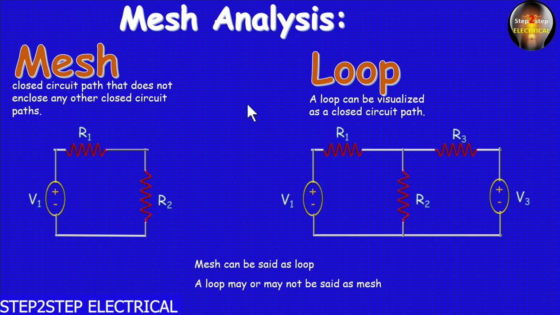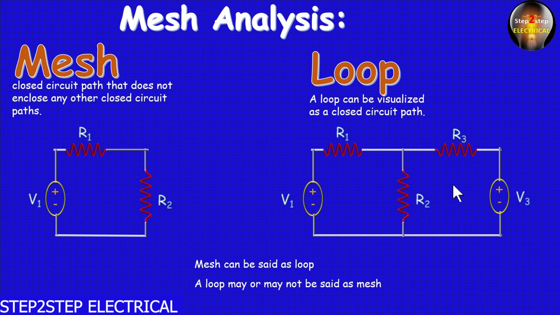As you can see, both of these are meshes, but the greater one containing two meshes is a loop that can't be said to be a mesh. Why? Because there are another two meshes or loops inside it.